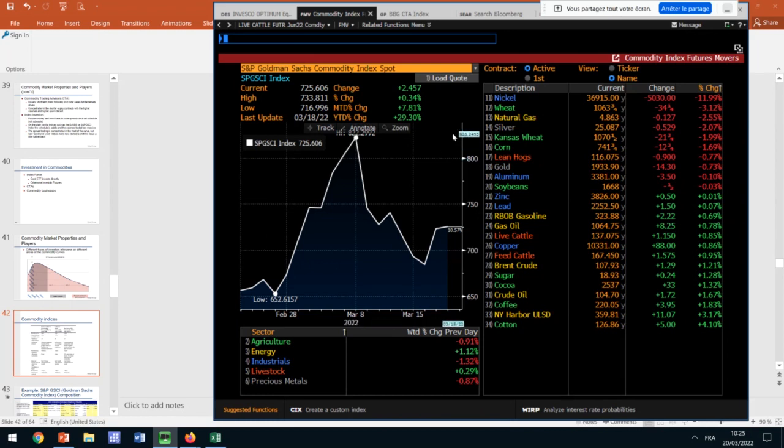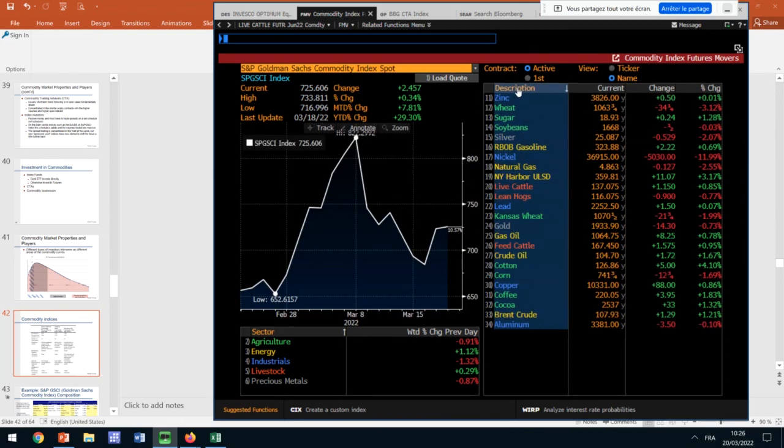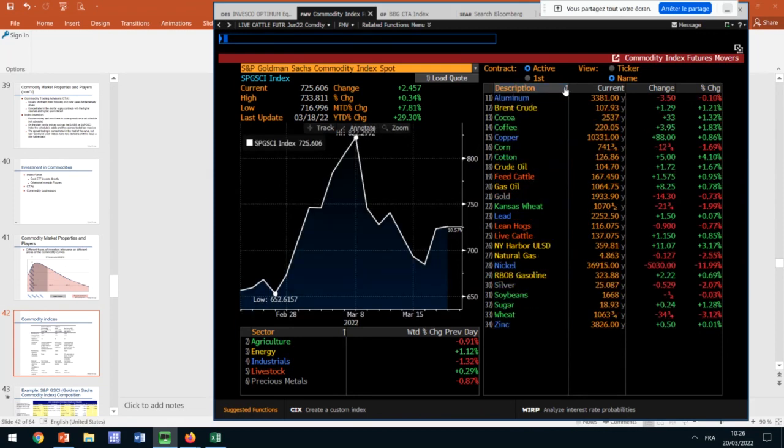Nickel prices are crashing, huh? This is as a function of the price. I don't want to order it alphabetically, but you can.